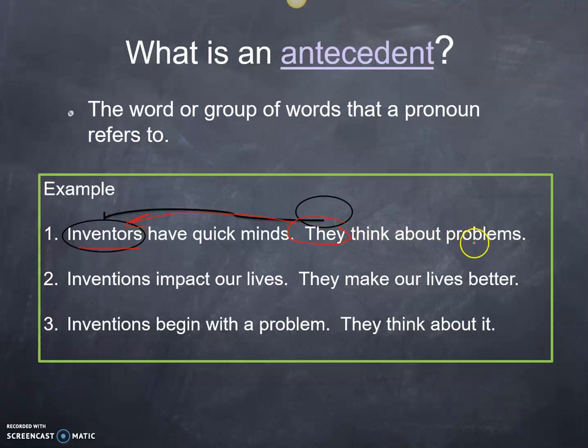Who think about problems? Well, we know inventors, they. Example 2, inventions impact our lives. They make our lives better. So once again, we have the word they, a pronoun, referring to inventions, a thing.